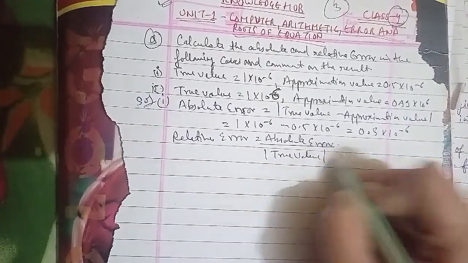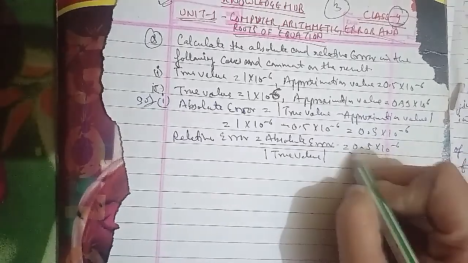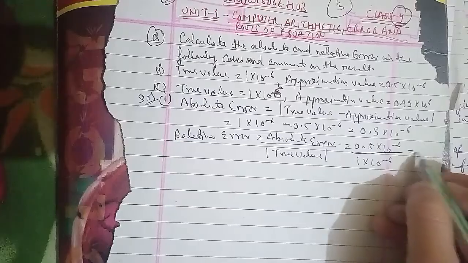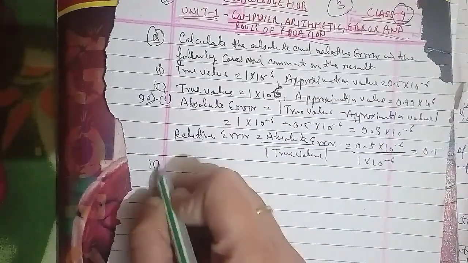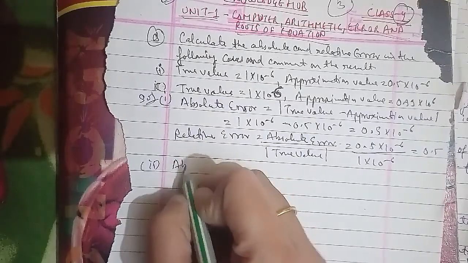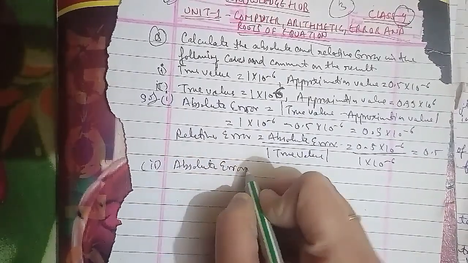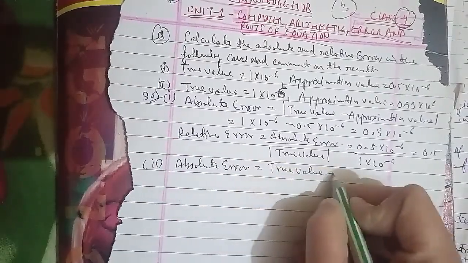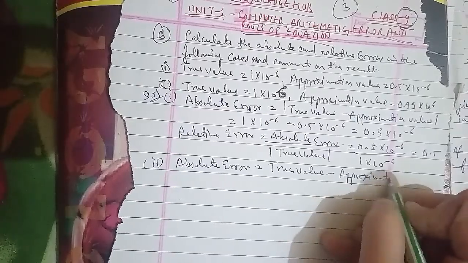For the second, we have absolute error equals true value minus approximation value, which equals 1 into 10 to the power 6 minus 0.99 into 10 to the power 6, equals 10,000.